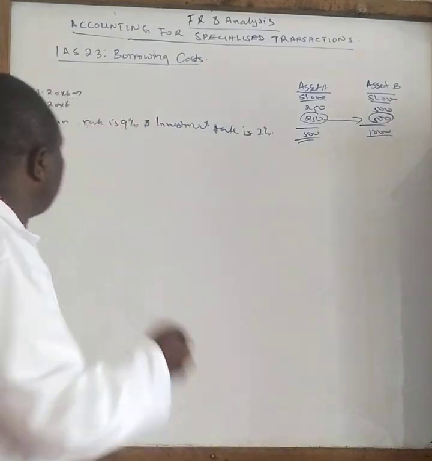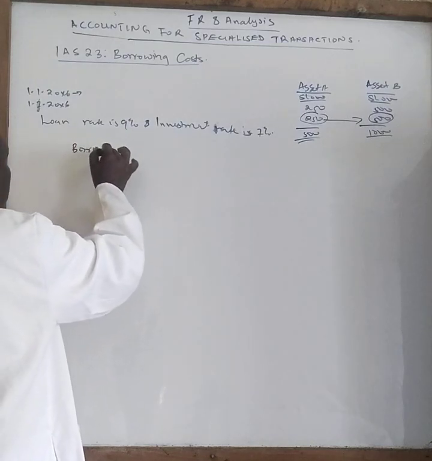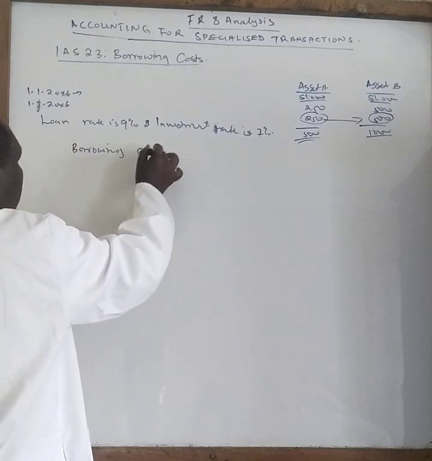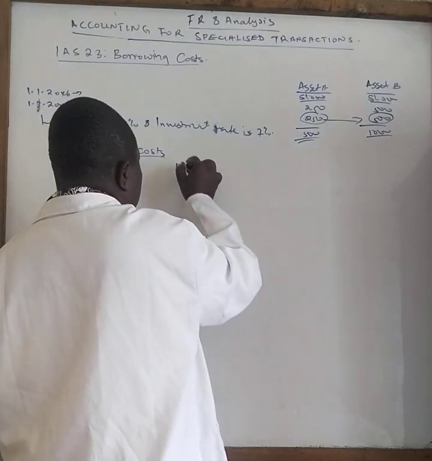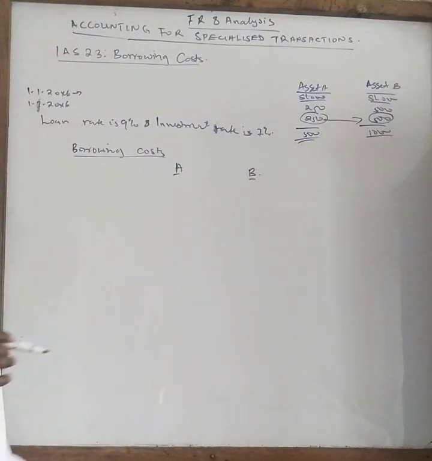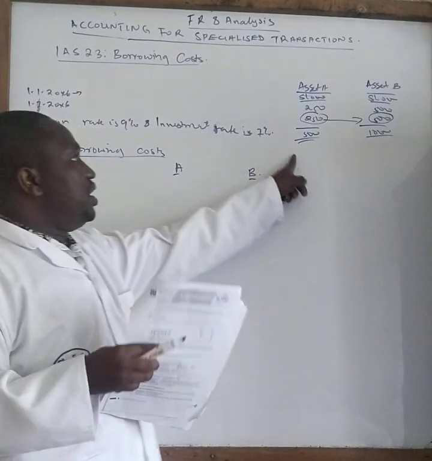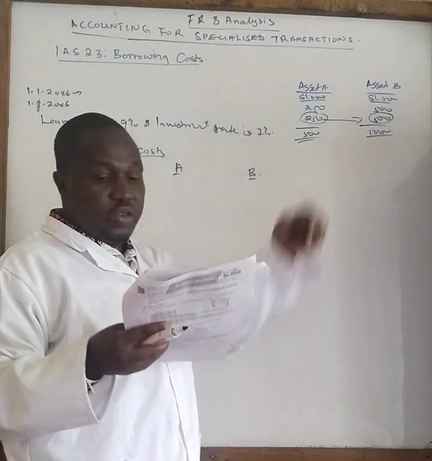So we do now the calculation. We say, okay, borrowing costs for the two projects, asset A and asset B. Correct? Borrowing cost, they borrowed how much? 500 for project A and 1,000 for project B.